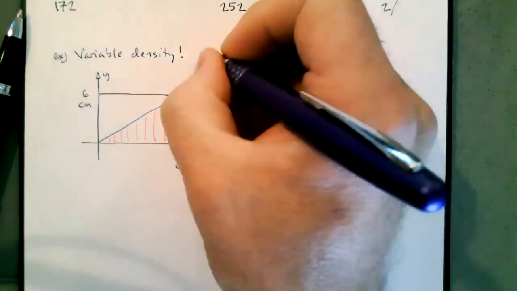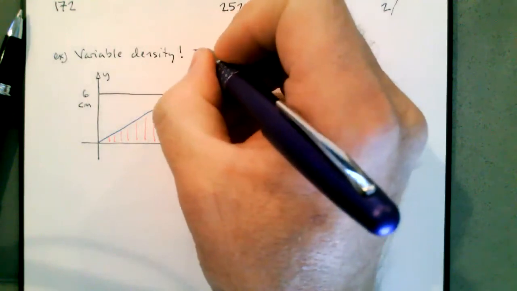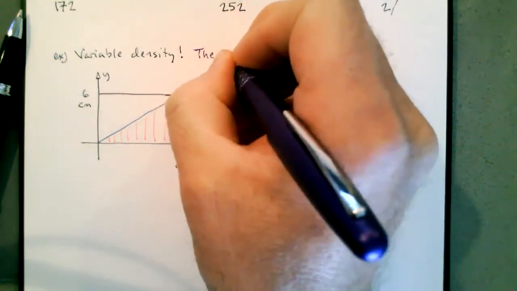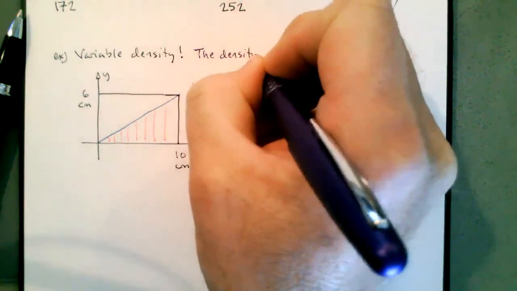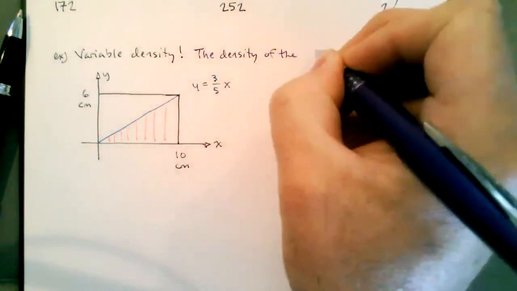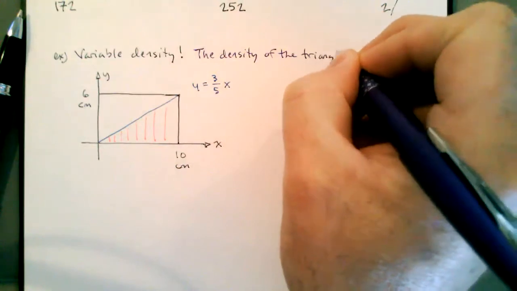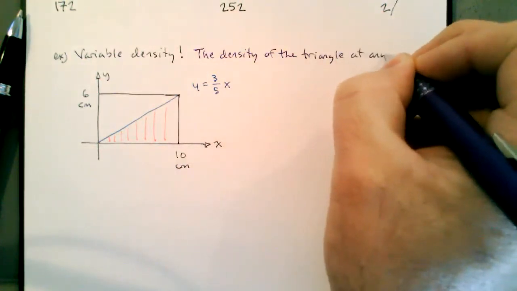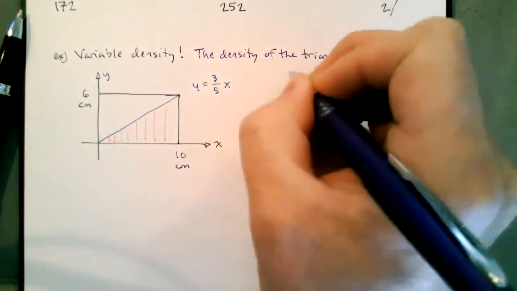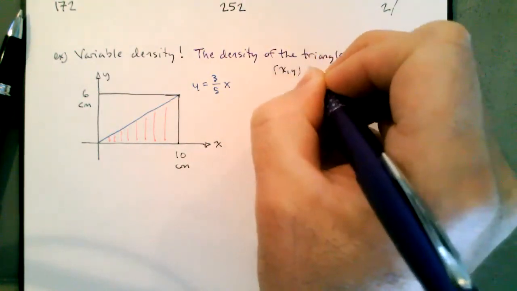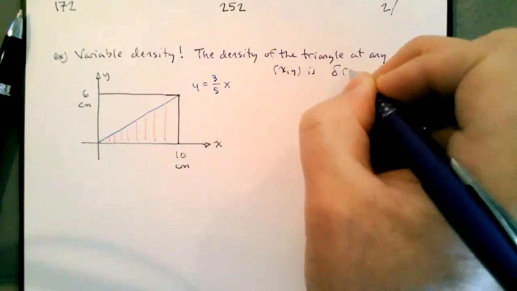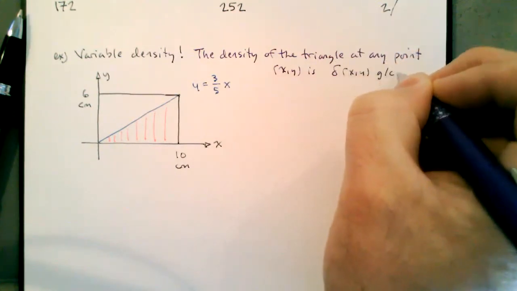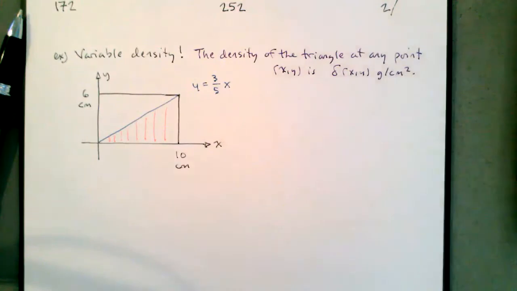The density is not just a function of x, nor just a function of y. The density is delta at xy grams per square centimeter.